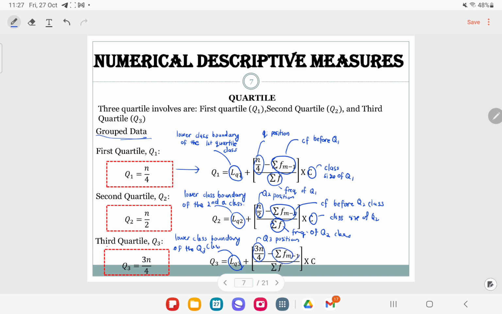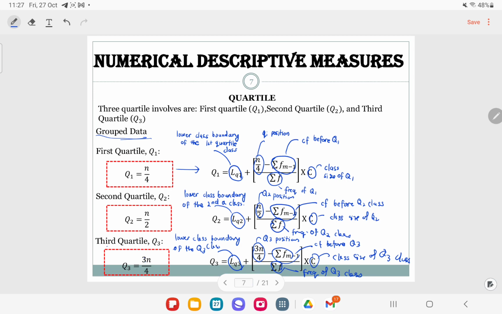Summation of Fm minus 1 will be the cumulative frequency before the third quartile. Summation of F will be the frequency of the third quartile class. C will be the class size of the third quartile class.